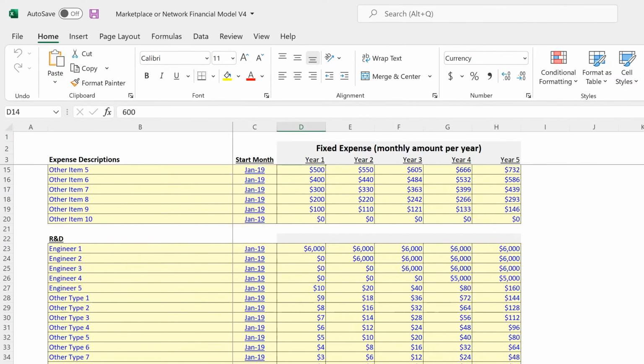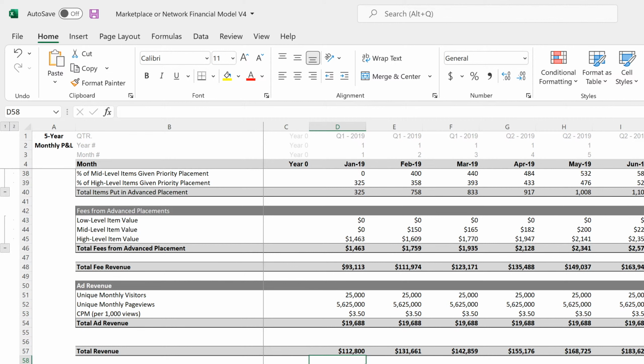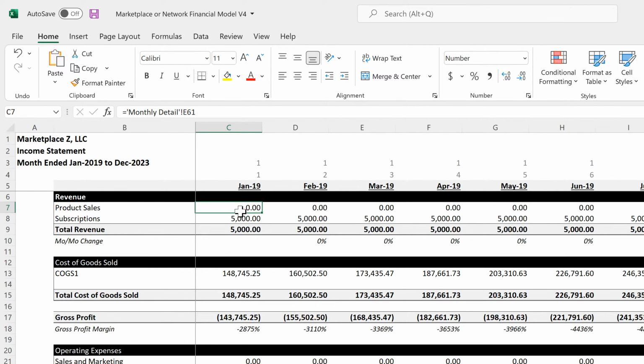So, revenue for this type of business is going to be based on, let's go to our monthly detail. We've got ad revenue, potentially, and fee revenue. The ad revenue is if your network is making money through advertising, and fees are just your transaction fees that you're taking for providing the platform.